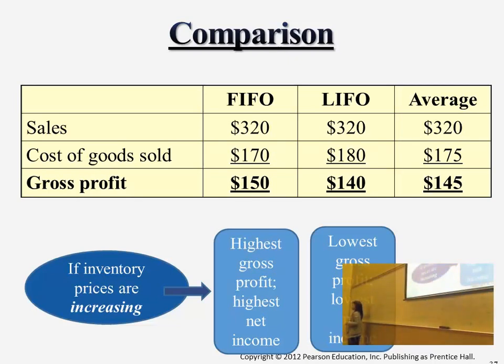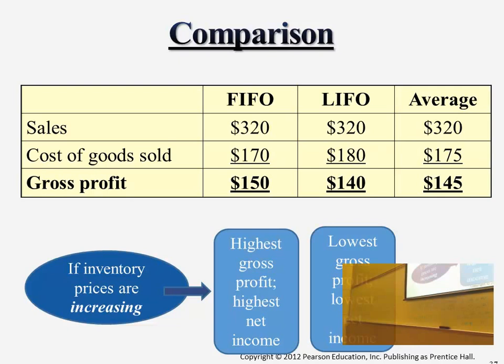FIFO picks the least earlier cost first. Okay, so this will lead to a different amount of gross profit. Under FIFO, you see that since cost is the least, gross profit will be the highest. Under LIFO, since cost is the highest, gross profit will be the least. Okay, average cost is always somewhere in the middle of those two.